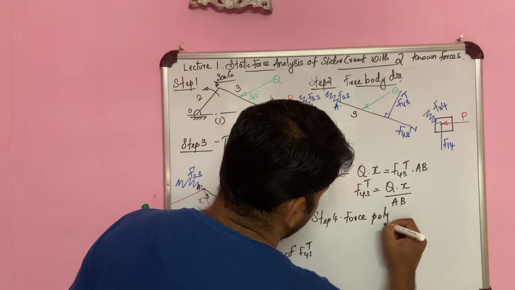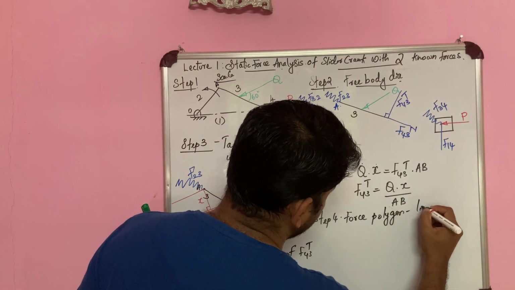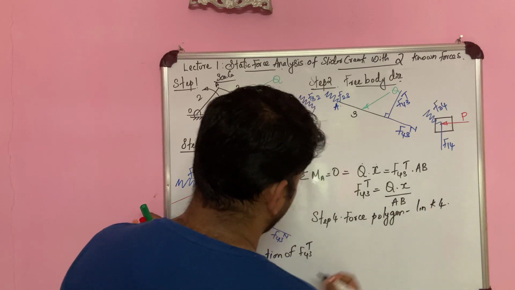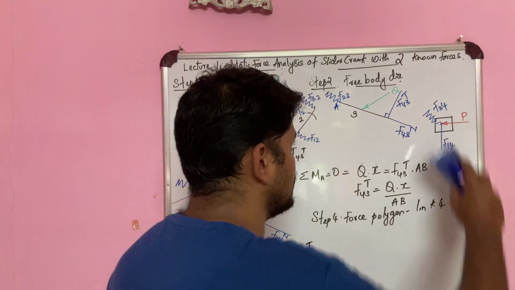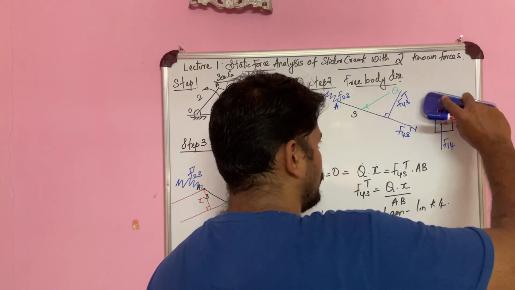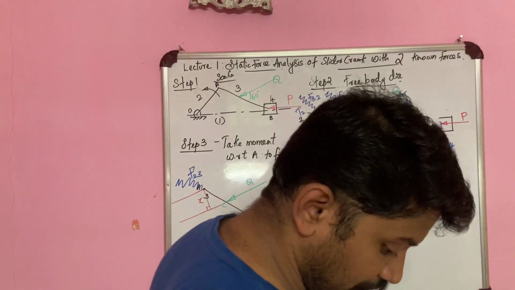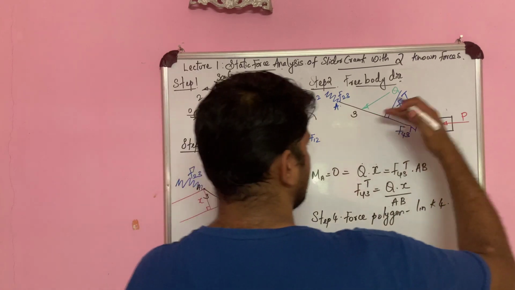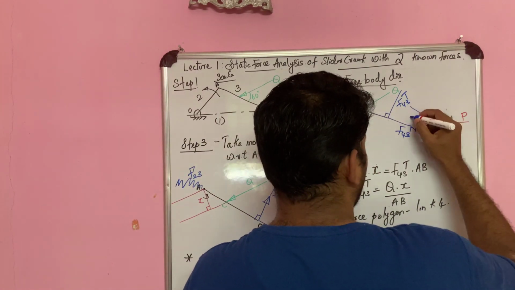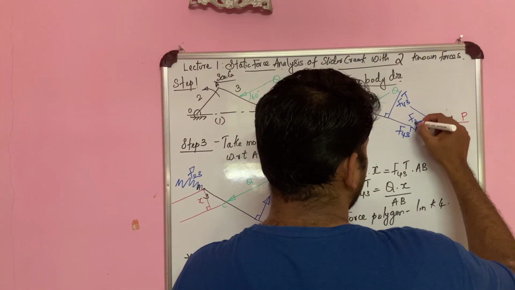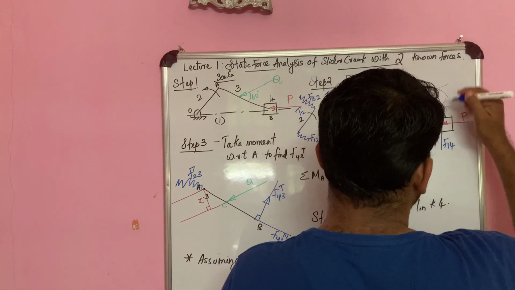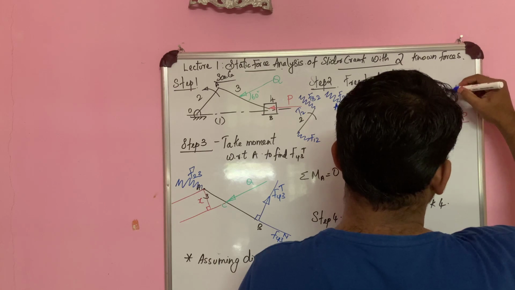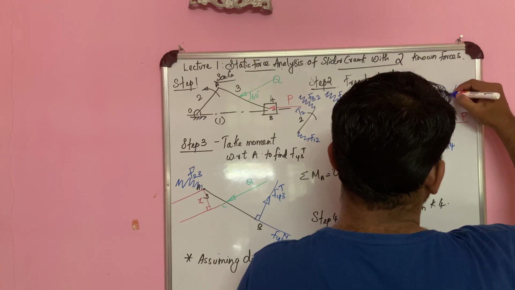Force polygon for link 4. Right, so on link 4 I have this F34. I'm taking parallel to this one F34N, and parallel to this I'm drawing over here F34T.